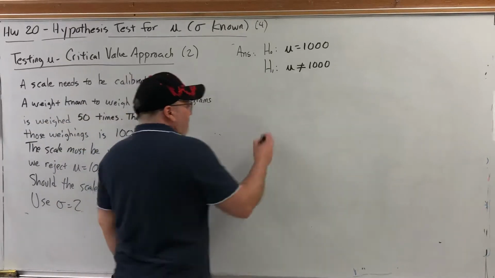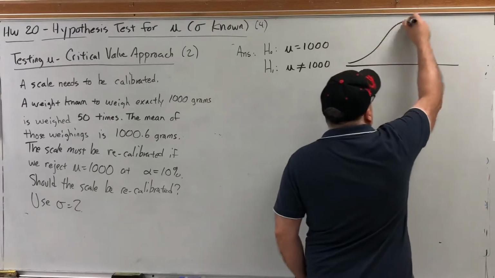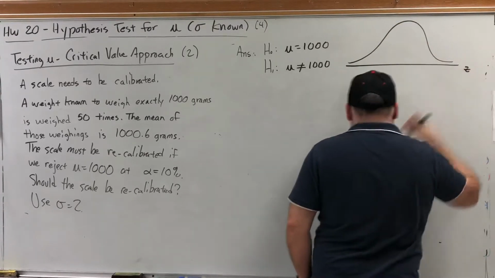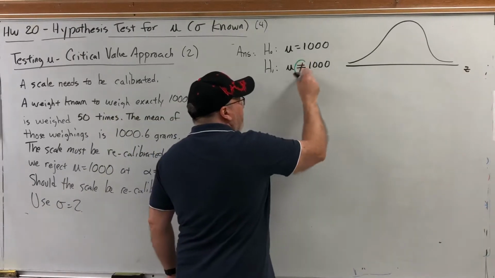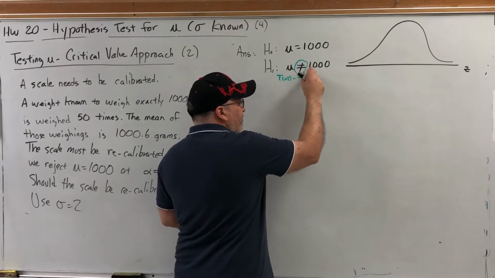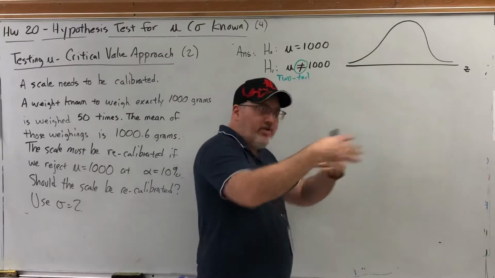All right, let's set up our bell curve with which tail or tails? Because the alternative has not equal to, that means this is a two-tail test. So evidence showing that it needs to be recalibrated could be on either side of the bell curve.